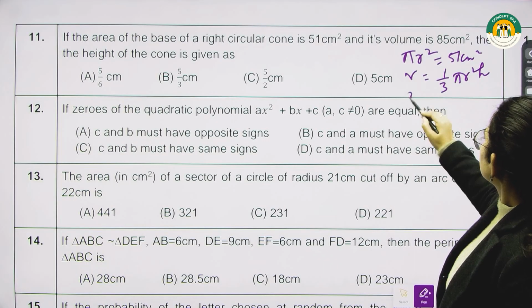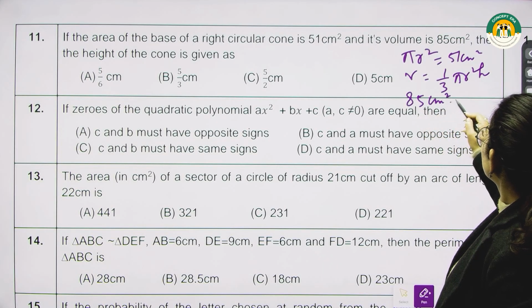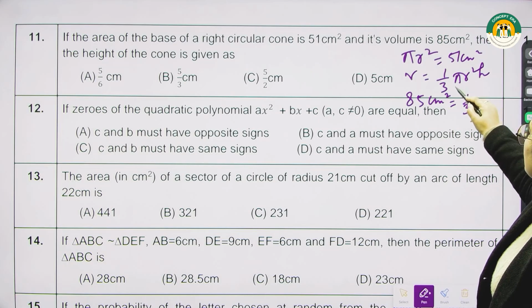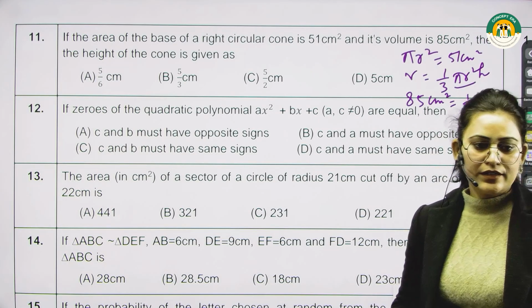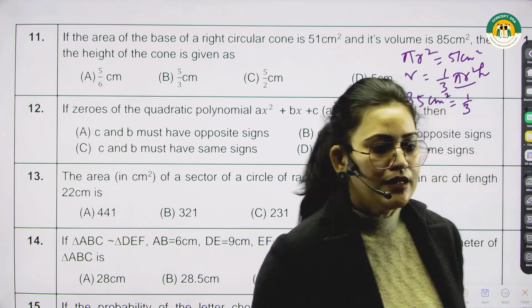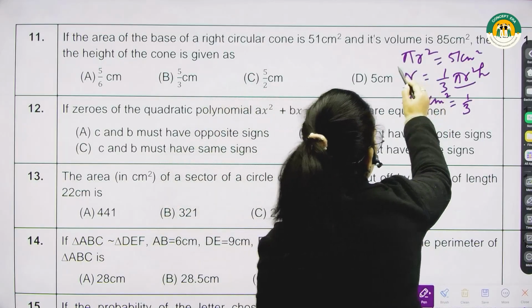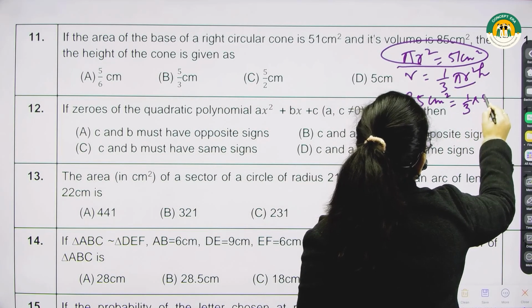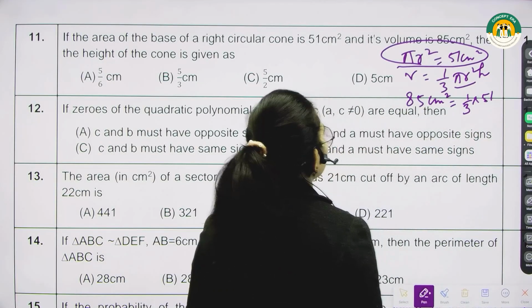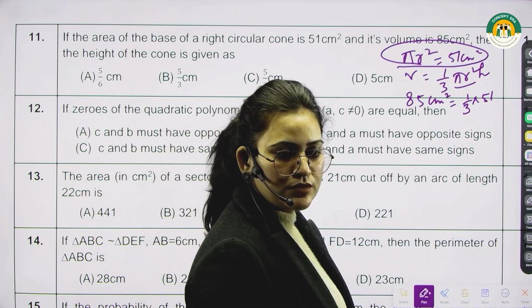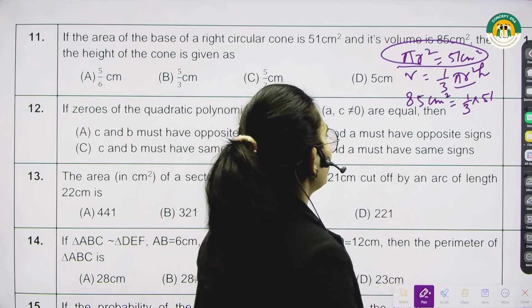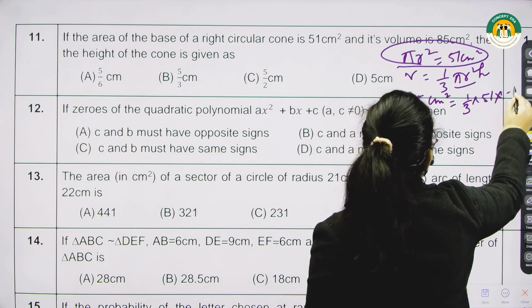The volume is given as 85, that is equal to 1 upon 3, in place of pi r square we can substitute the value 51 centimeter square. Here it is already given that the area of the base of the cone is pi r square, that is 51. So we can substitute the value over here, 51 into h.